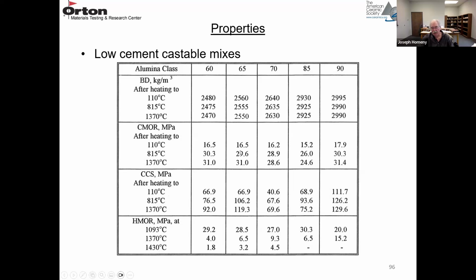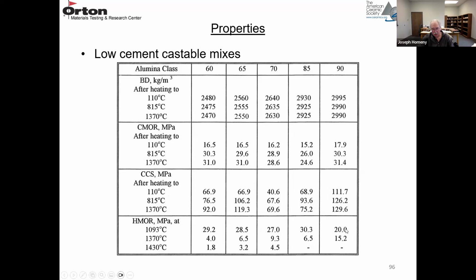So you usually have a reactive component in there to provide the bond, whether it's a silica or an alumina. So the strength is actually increasing at this intermediate temperature and holding at the higher temperatures. But again, cold MOR and cold crushing are good for checking properties, especially quality control type properties.